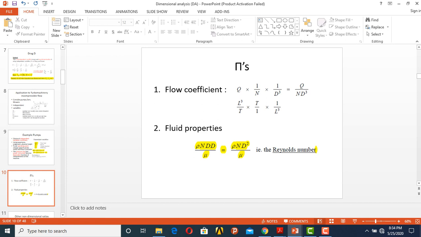The fluid property, in this case, we are looking at the Reynolds number. The Reynolds number is anchored on viscosity. So viscosity divided by the 3 basic elements, we find that using the Buckingham Pi theorem, we can find a relationship which reflects as shown. When this relationship is shown, we can see that it reflects the Reynolds number of the fluid.